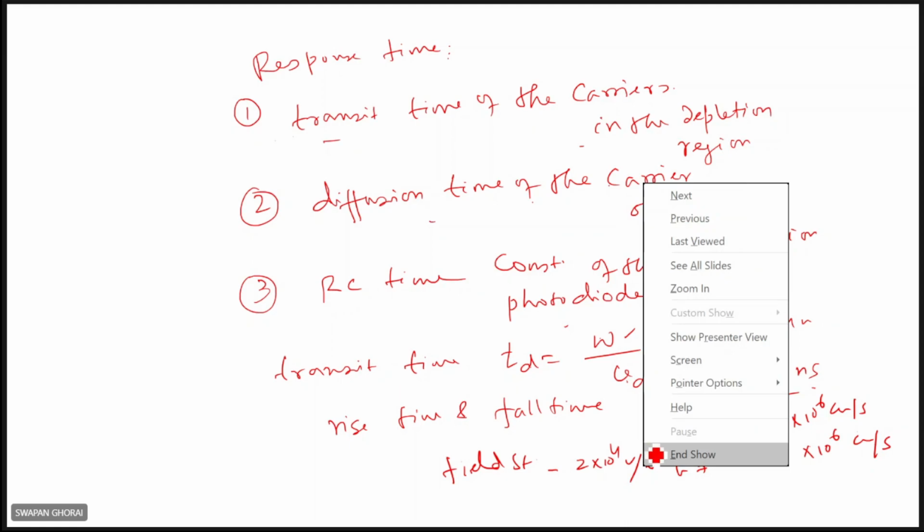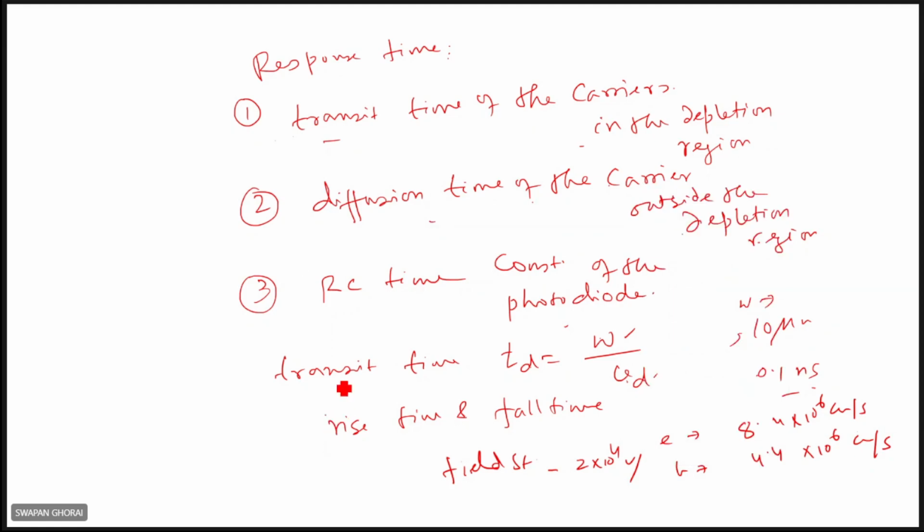So for the silicon photodiode, the transit time, I mean response time, is around 0.1 nanosecond. Anyway, you can calculate in this way the transit times of the carriers that will contribute to the response time.